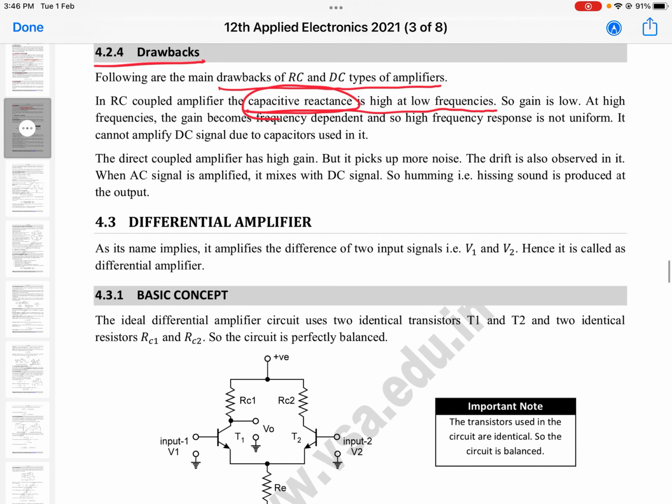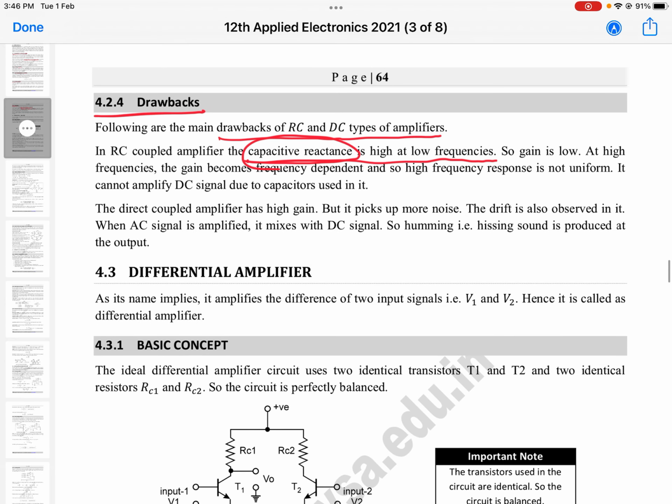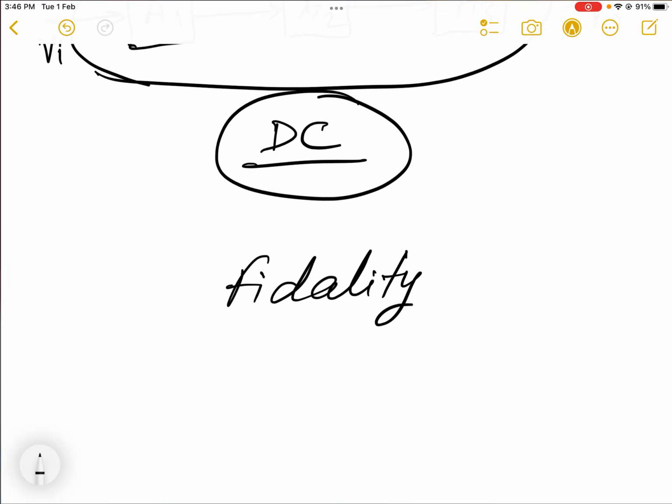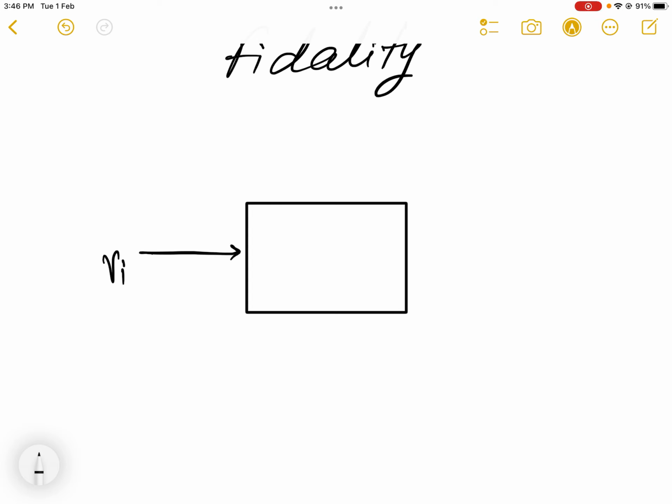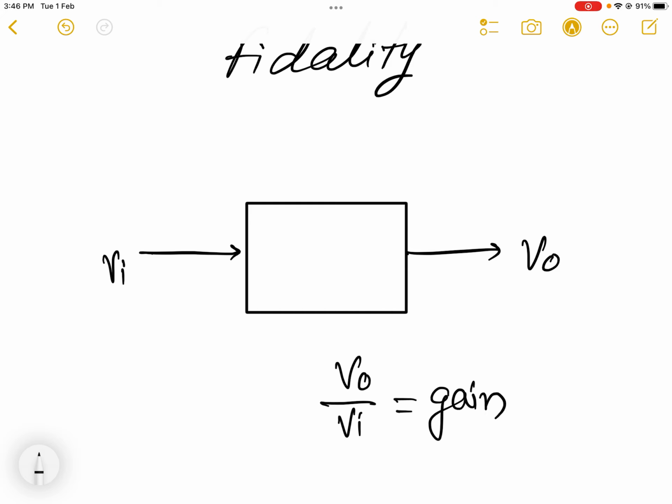And one very important point in the RC coupled amplifier is that its gain is low. Now gain is also one very important point to note. Suppose I take one amplifier here and I connect the input signal, say Vi, and I get the output voltage as VO, then the ratio of output quantity to input quantity is known as the gain of the amplifier.